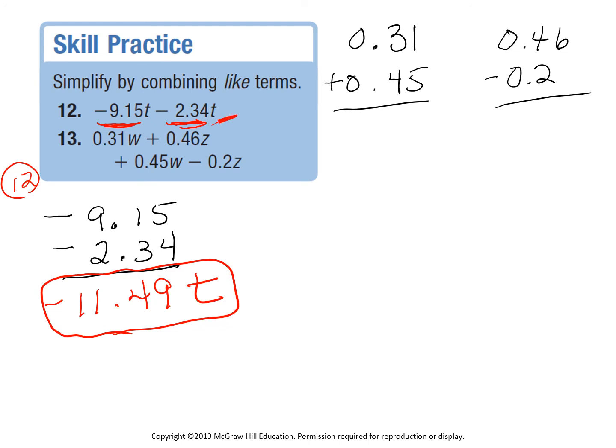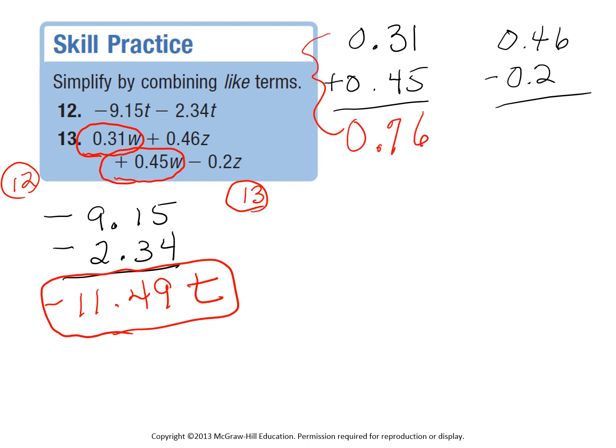For number 13, I'm going to simplify by combining the like terms. So I'm going to put the w's with w's and the z's with z's. So I have 0.31w plus 0.54w. So I'll combine the coefficients and I'll keep the variable part. So I'll have 0.76w.